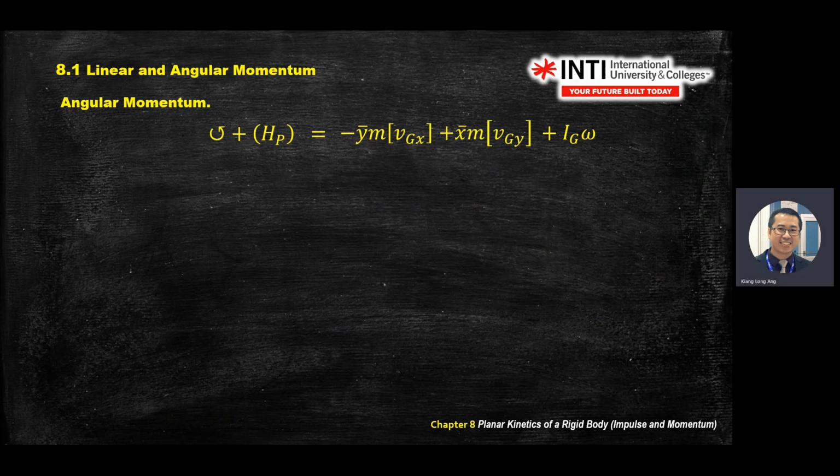If HP, this equation you use to calculate at an external point, or I change this equation to O, right? I change this one to O. So minus y bar m VGx plus x bar m VGy plus IG omega.